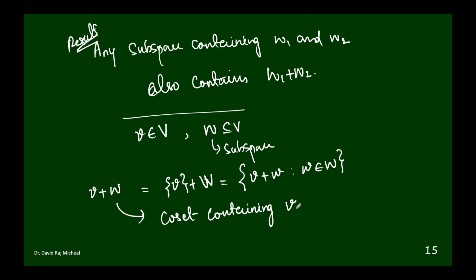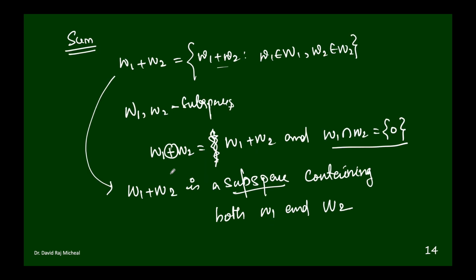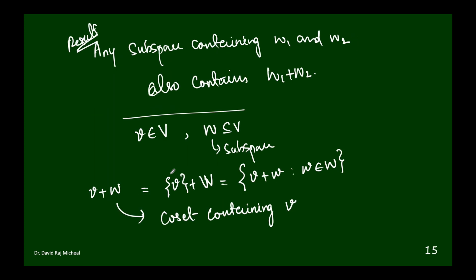One can prove that this is also a subspace. In fact, this is a corollary of the previous one. If you say W1 plus W2 is a subspace, you can easily prove that in that regard. It's not exactly a corollary, but you can prove it along the same line. It's not so difficult. So please prove it by yourself. So any coset is a subspace of V.